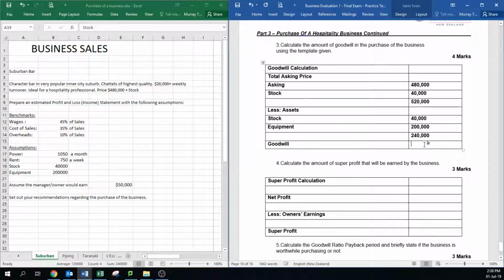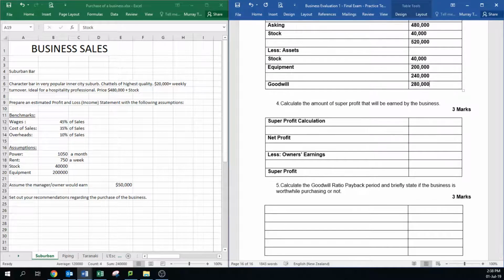Okay. So goodwill is total asking price minus total assets, and so that's 280,000. So that's your goodwill, $280,000. The extra you have to pay for this business because you think that's what the brand and reputation of it is worth.